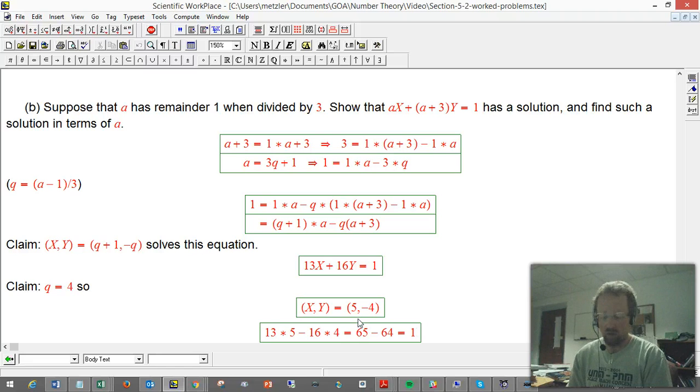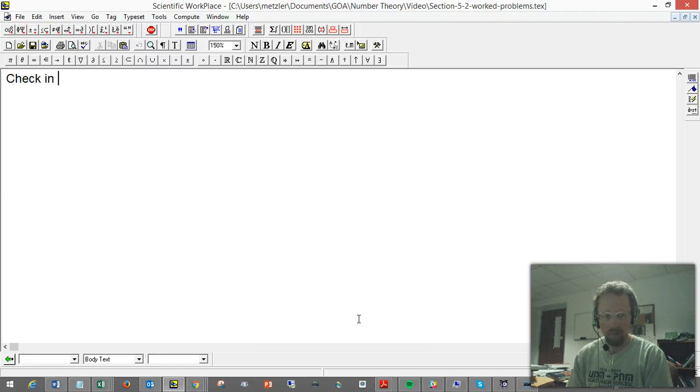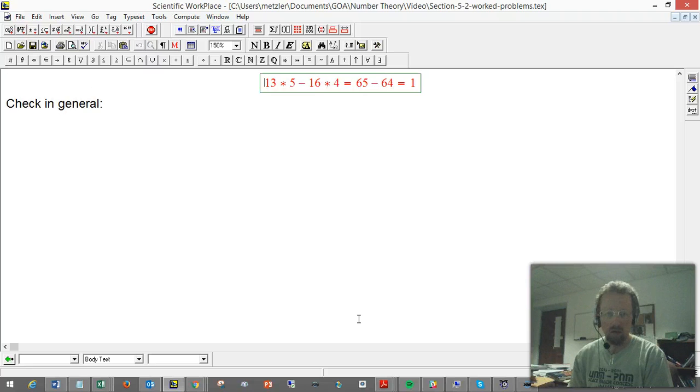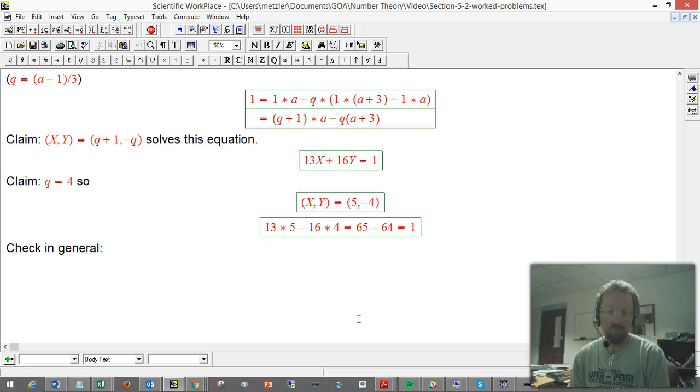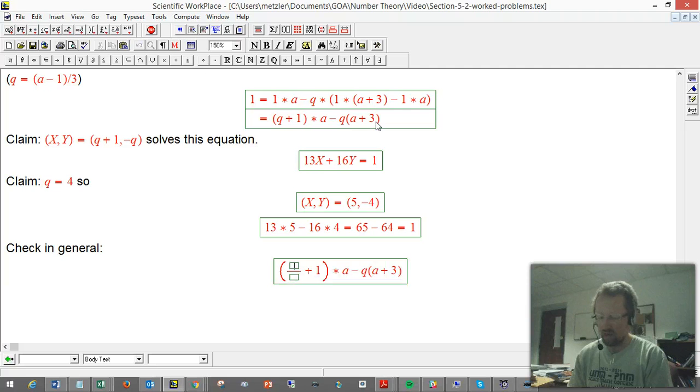Okay, you could even do a more hardcore proof by just substituting in the q and doing some good old-fashioned algebra. So q plus 1, that is a minus 1 over 3 plus 1. Put that over common denominators.